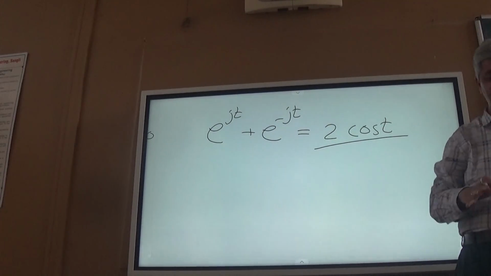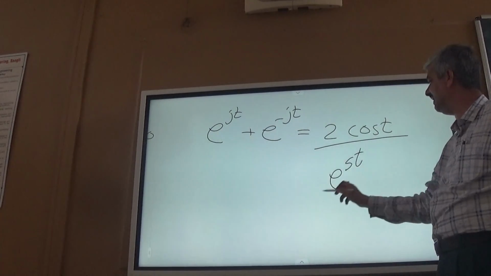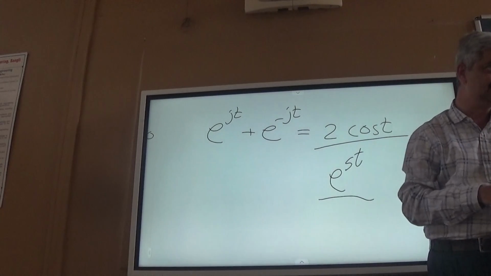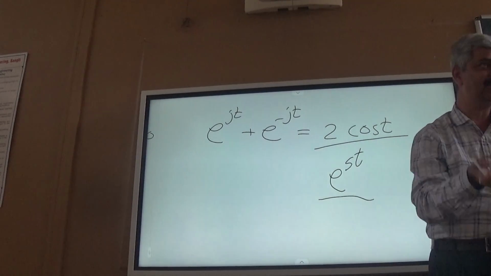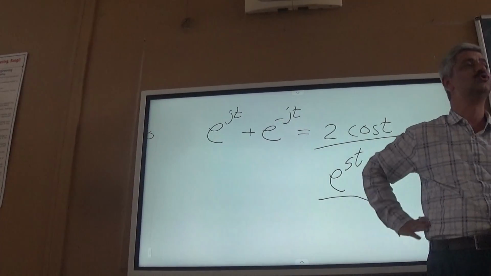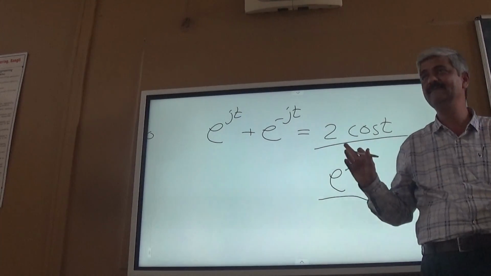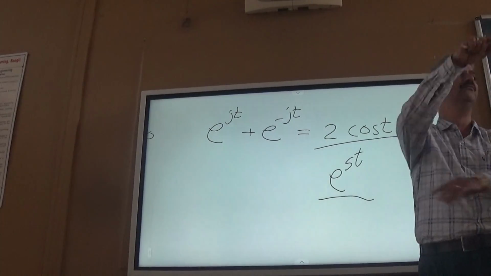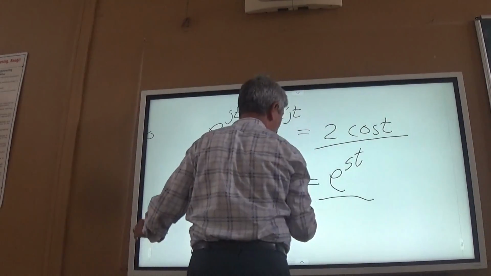e raised to lambda t, or in general the concept of e raised to st, where s is a complex variable, sigma plus j omega, so e raised to sigma t into e raised to j omega t. So what is e raised to st? This is very important in Laplace.